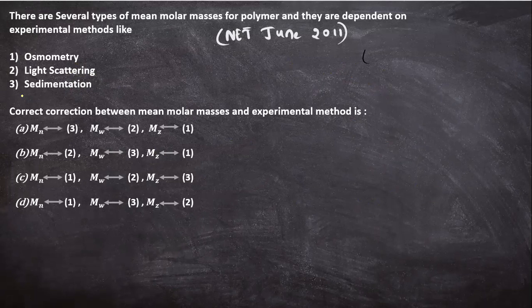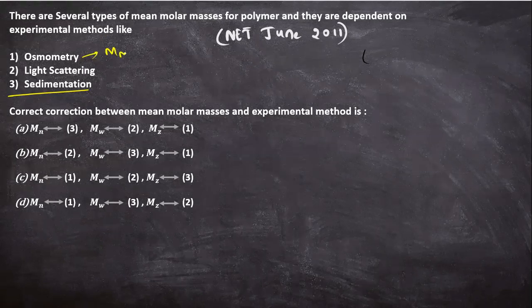We have already seen these things. Osmometry is used for the determination of number average molar mass. Light scattering gives weight average molecular mass, and sedimentation gives Z average molecular mass.